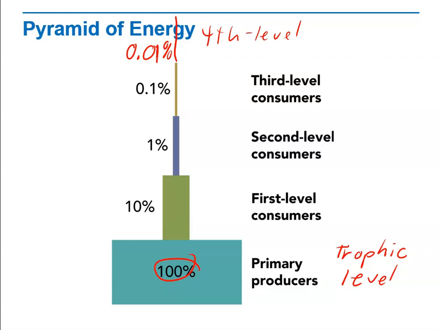So if there were 1,000 units of energy available to the primary producers, how many units of energy are available at the third level consumer level? Well, if the primary producers had 1,000 units of energy, the third level consumers end up with only 1.